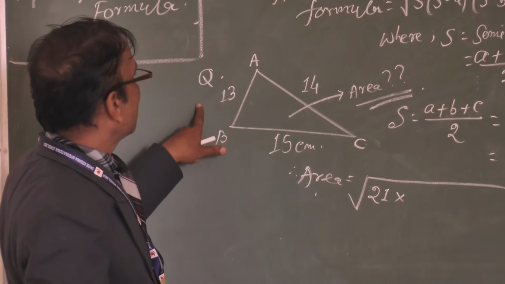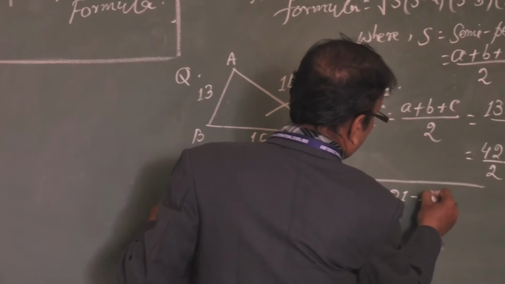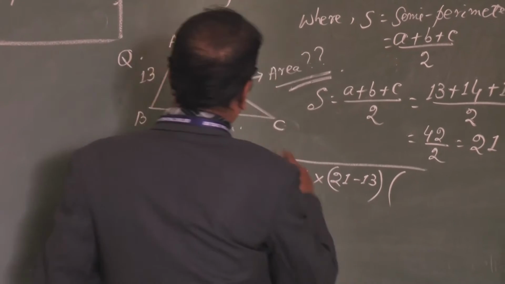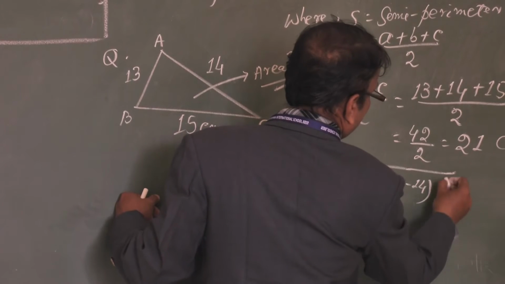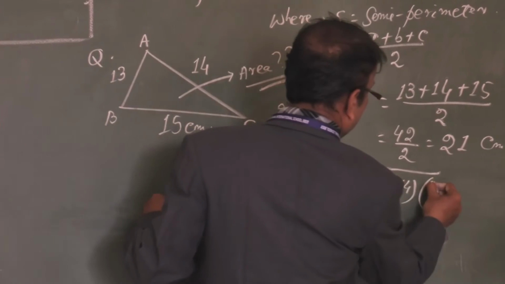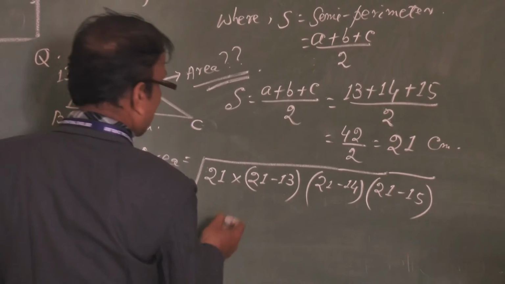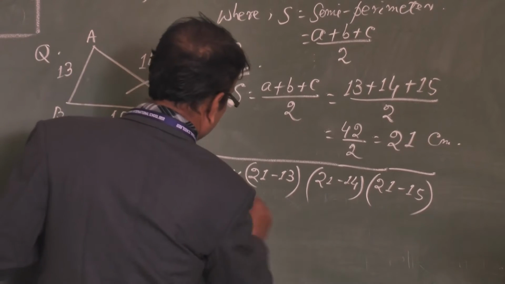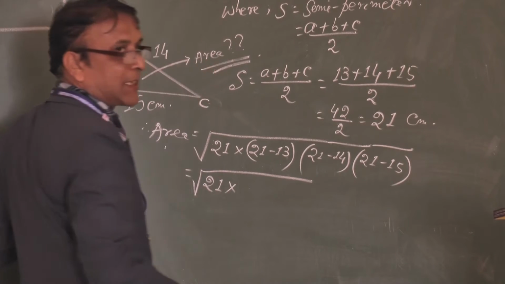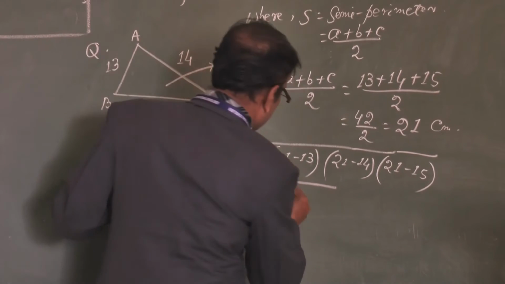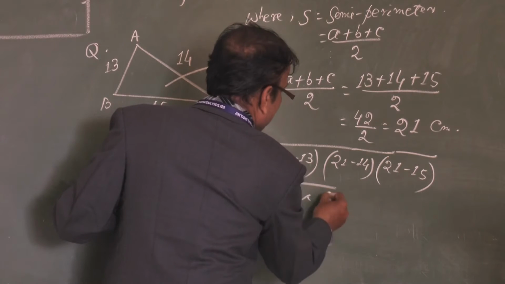So it is 21 minus 13 into 21 minus 14 into 21 minus 15. Serially, you take each side. Now, 21 minus 13 is equal to 8. So, 8 into 7 into 6.